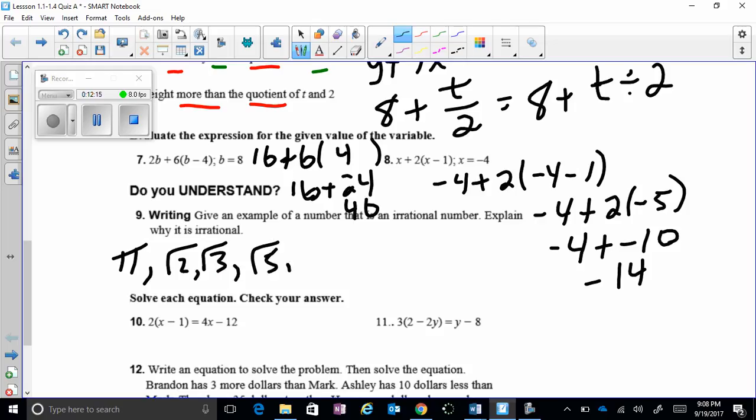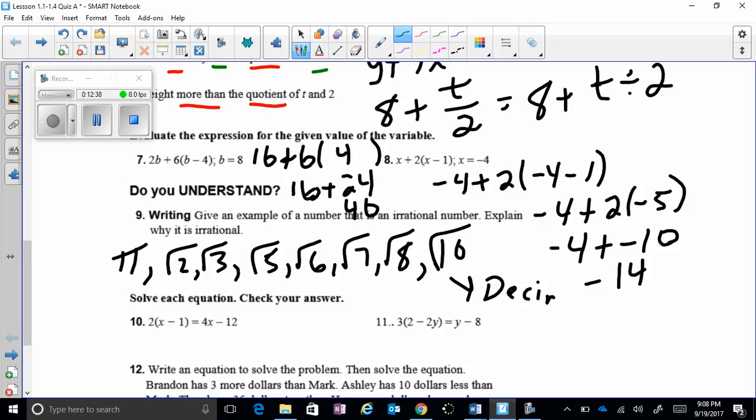So root of 5, root of 6, root of 7, root of 8, root of 9 I would have to skip because that would be 3. Okay, so those are all decimals that continue. So as far as your explanation goes, that would work. It's decimals that don't stop.